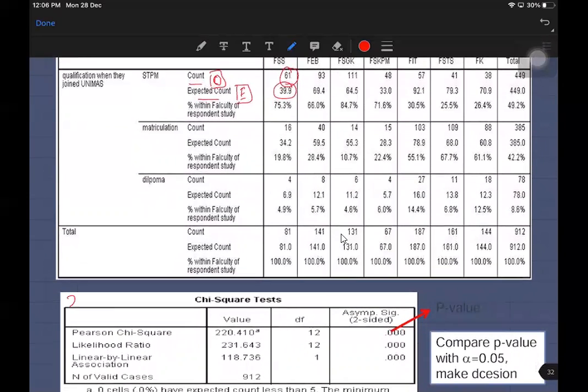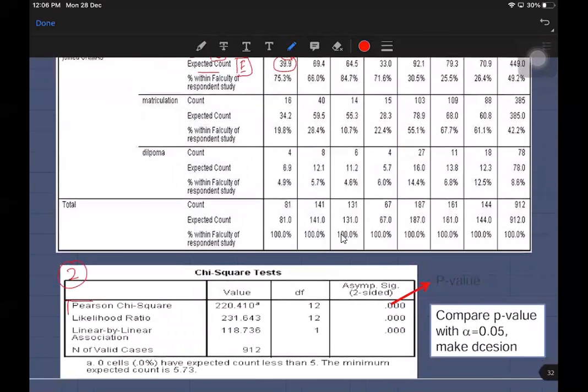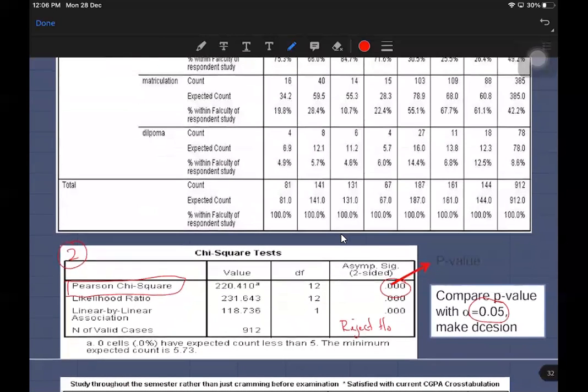The second table is the inferential statistic table. What you need to check is the Pearson chi-square, assumption significant. This is the p-value. Let's say our alpha is 0.05, and the p-value is 0.000. So alpha is greater than the p-value, and your decision will be reject the null hypothesis because the p-value is smaller than alpha.